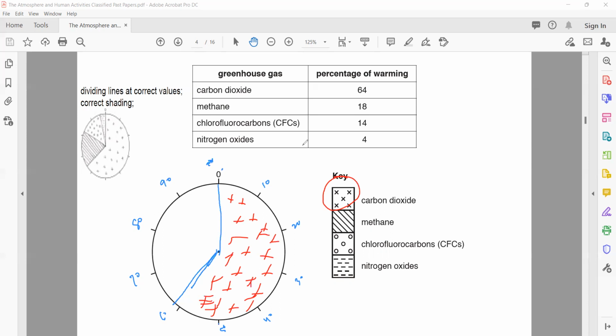After that, they're saying methane is 18%. Now draw for methane. You can see this is 64. From here to here, there is 6 plus here 16 and 2 more here. So from here to here, it comes somewhere here. Methane. And for methane, you have to draw the lines.